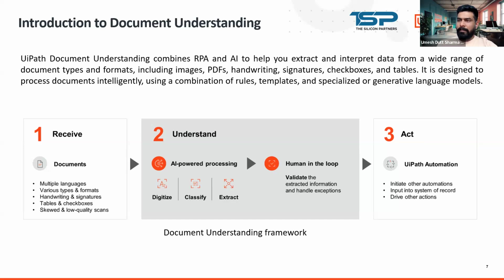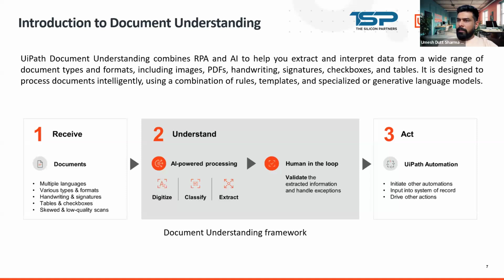Based on the extracted text and the schema, document understanding can help us interpret and extract the information. There can be different types of documents, including PDF files, image files, handwriting on these digital documents, signatures, checkboxes, and any tabular data. All such information can be extracted from digital documents using document understanding.